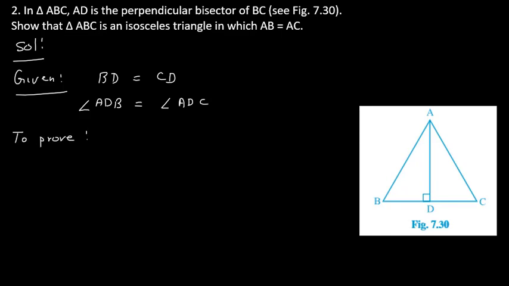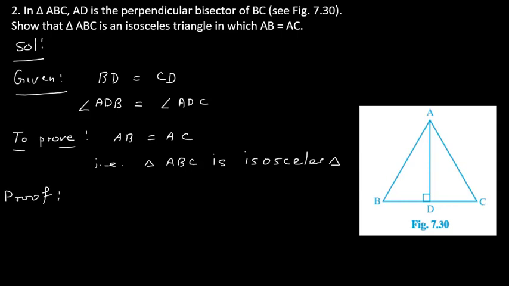We have to prove that side AB equals AC, that is, triangle ABC is an isosceles triangle.